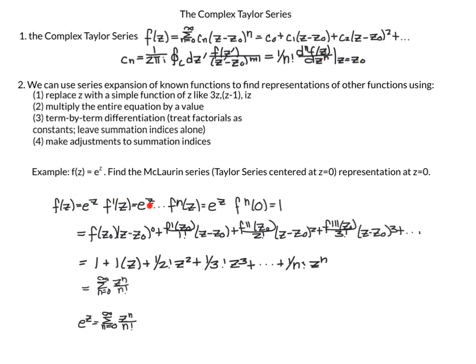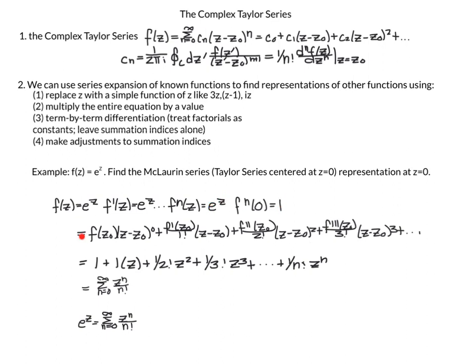So f prime of z is still equal to f of z. In fact, the nth derivative of e to the z is equal to e to the z. So the nth derivative at 0, since we're centering at 0, is equal to e to the 0 is equal to 1.